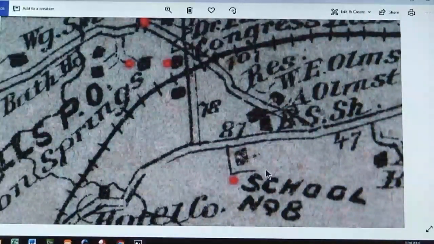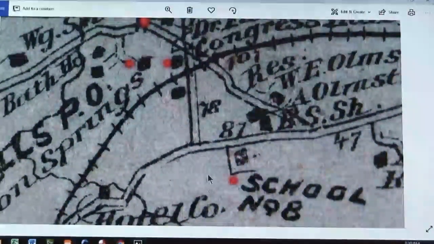The red L further up here indicates two roads going around the center of the village, and in the very center you can see an item called store. That is where the first store was located, built by Henry Maurer.